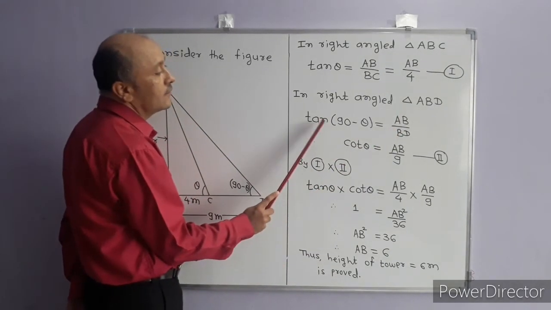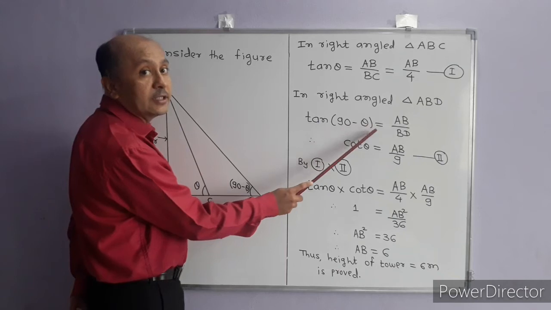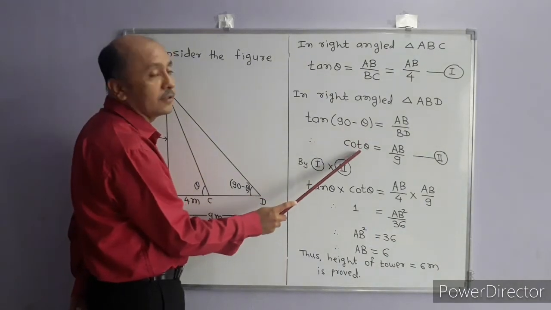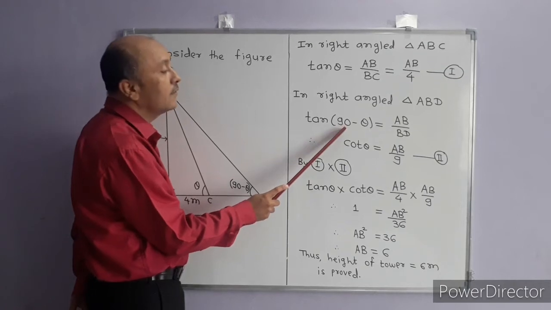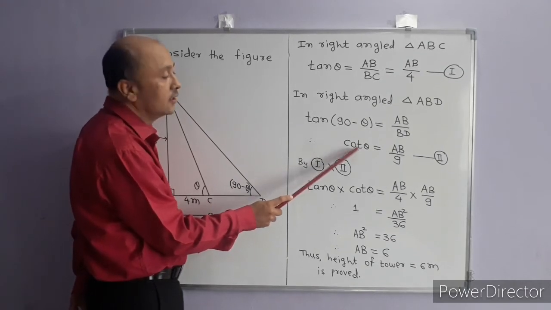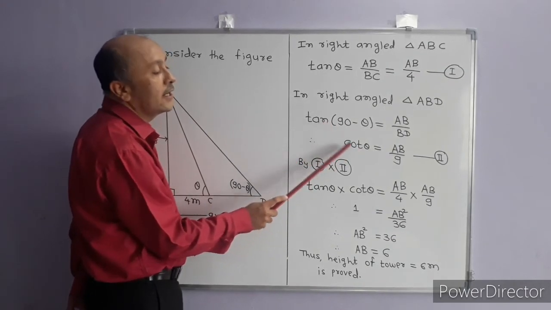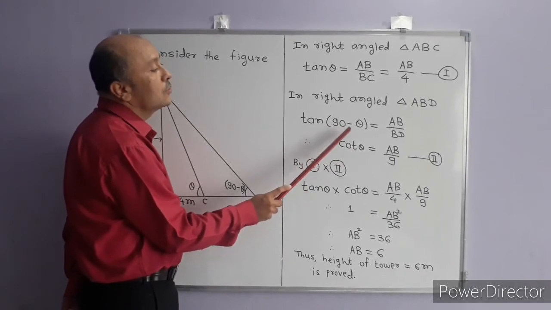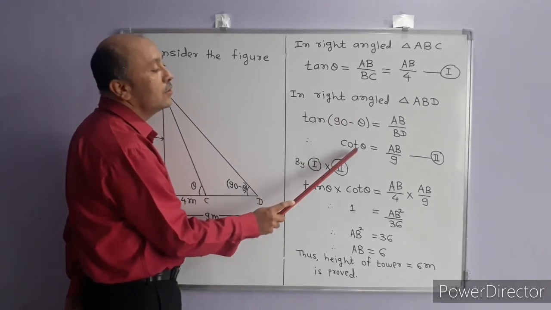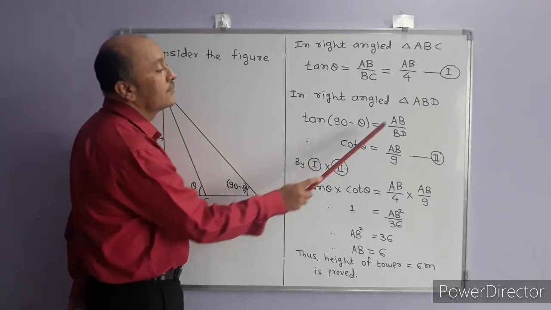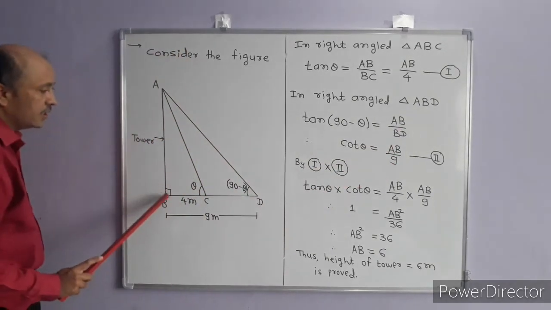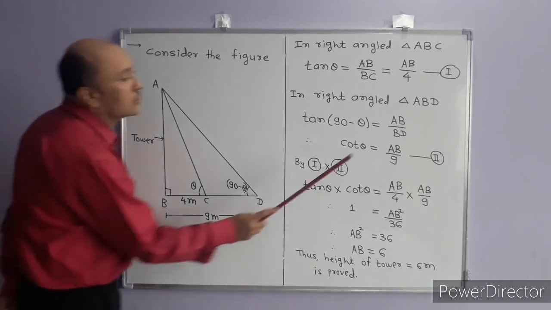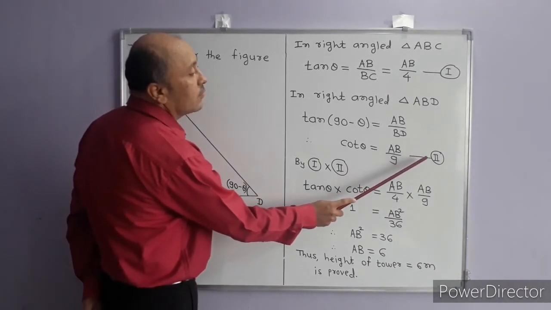Then there is a formula: tan of 90 minus theta is equal to cot theta. So this is the relation between tan and cot. So tan of 90 minus theta is equal to cot theta by formula. Then AB as it is, BD is equal to 9. So look here, BD is equal to 9. So this is equation number 2.